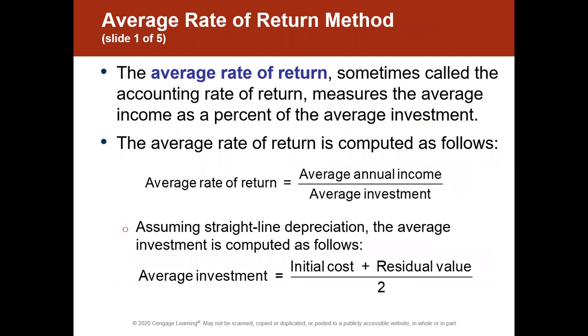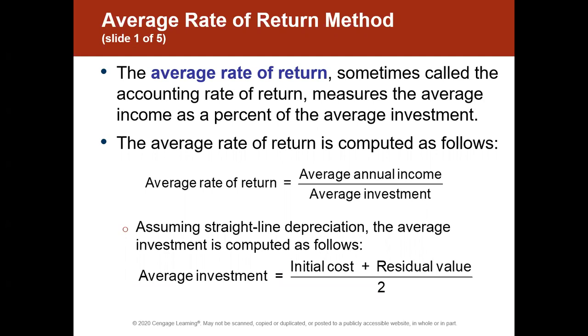So the average rate of return is honestly what it sounds like. What's its average rate of return? The way we figure it out is how much annual income does a capital investment make us divided by how much did we invest in it? It's that simple. And then the average investment is just the initial cost plus the residual value, what we think the asset will be worth at the end of its useful life.